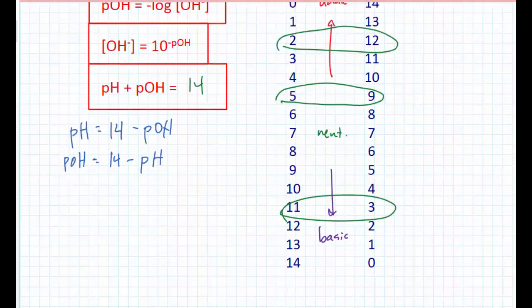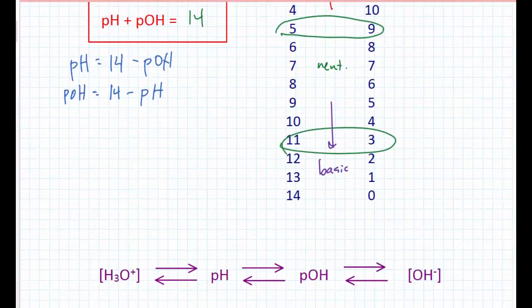Okay? So let's just review here. I've got a little road map. These two are just what we had on the last page, right? Hydronium ion concentration and pH. If you're given a hydronium ion concentration, that was the first calculation that we did today. Okay? Let's just do a quick simple example here: 10 to the negative 4 molar.